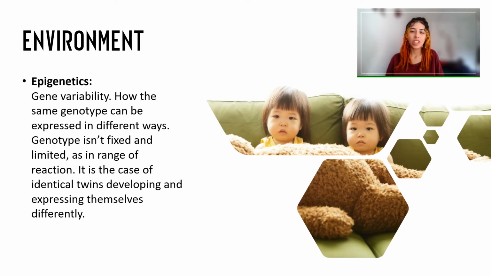The third gene-environment interaction theory that I am going to present here is the epigenetics theory. This theory is based on the study of identical twins. That is because identical twins develop from a single fertilized egg. This egg splits and creates two people, two babies, twins.